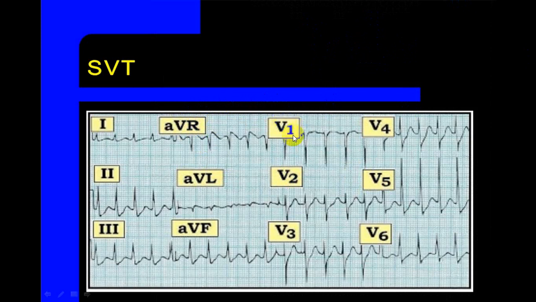And if you look at V1 to V6, here this is negative, this is biphasic. You can see a positive wave, a negative wave, and then this has become more positive. So whenever you see this pattern in the chest leads, straightforward it is in favor of SVT, while all will be concordant in the case of VT.